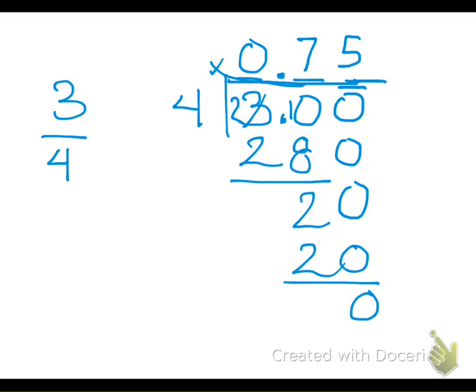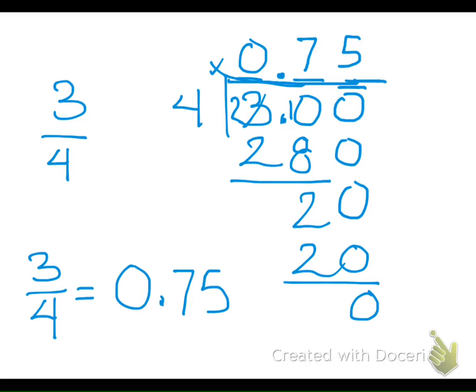And now I've solved my answer. I've solved this fraction. 3/4 equals 0.75, or 75 hundredths. So when you run out of spaces, you can just keep pulling the curtain back and just keep adding zeros.